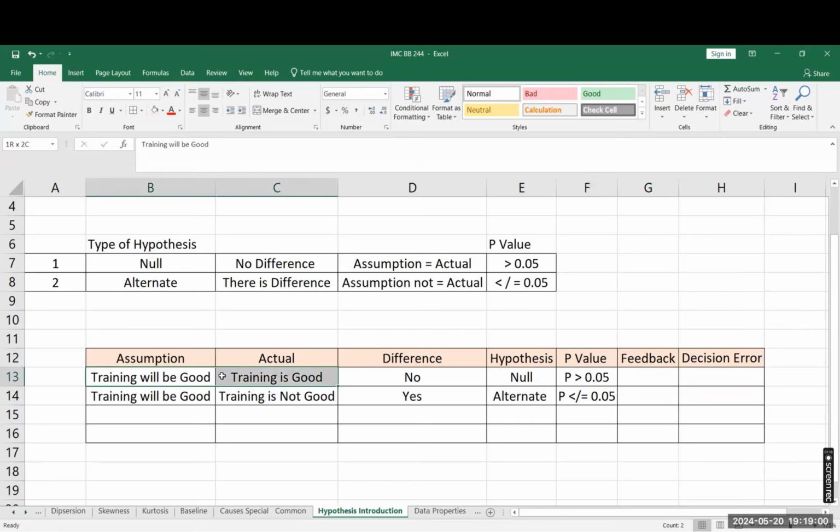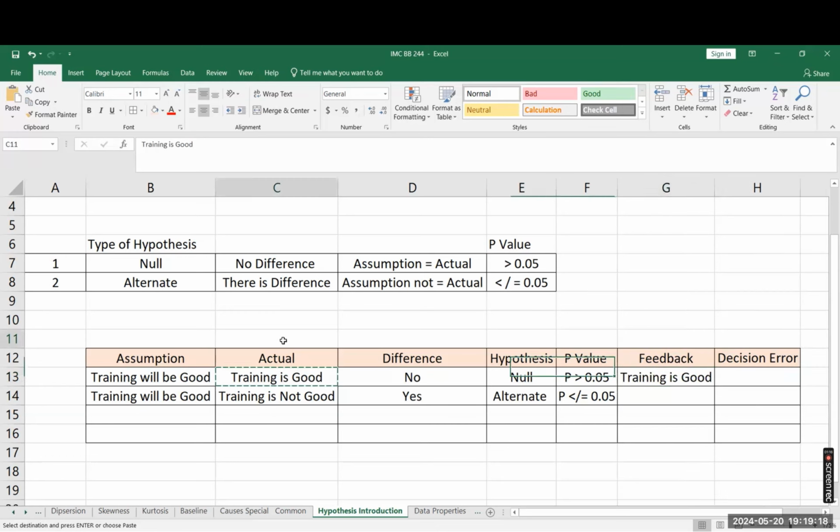Training will be good was your assumption. Actually, training is good. There is no difference. It's a null hypothesis, and we decided this based on the p-value as it was greater than 0.05. Now you are giving me the feedback: yes, training is good. So you are aligned perfectly with your statistical decision, and you are not making any decision error.